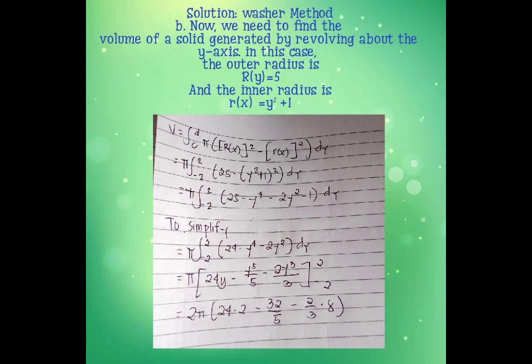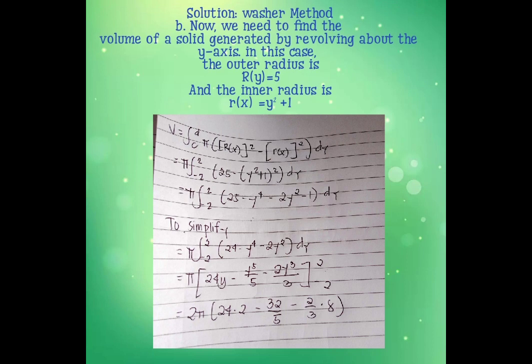times the outer radius squared minus the inner radius squared dy, which is equal to pi integral of 25 minus y squared plus 1 squared dy, and is equal to pi integral of 25 minus y to the fourth minus 2y squared minus 1 dy. To simplify, we get pi integral of 24 minus y to the fourth minus 2y squared dy.